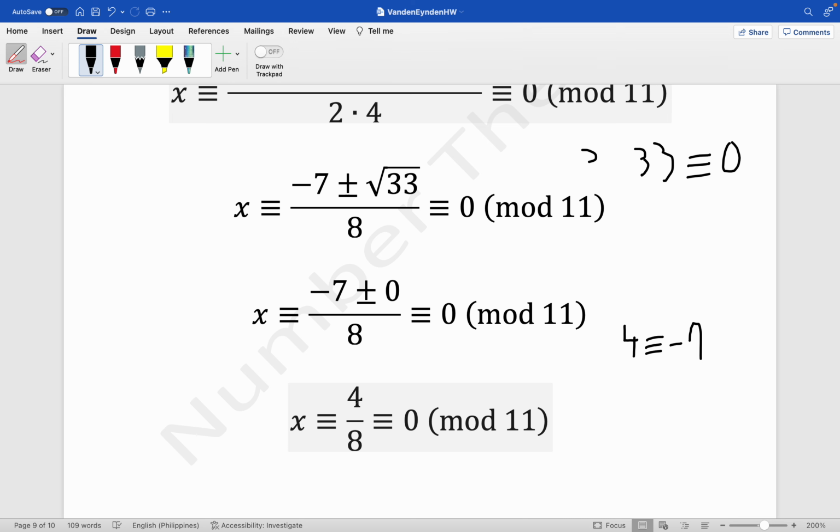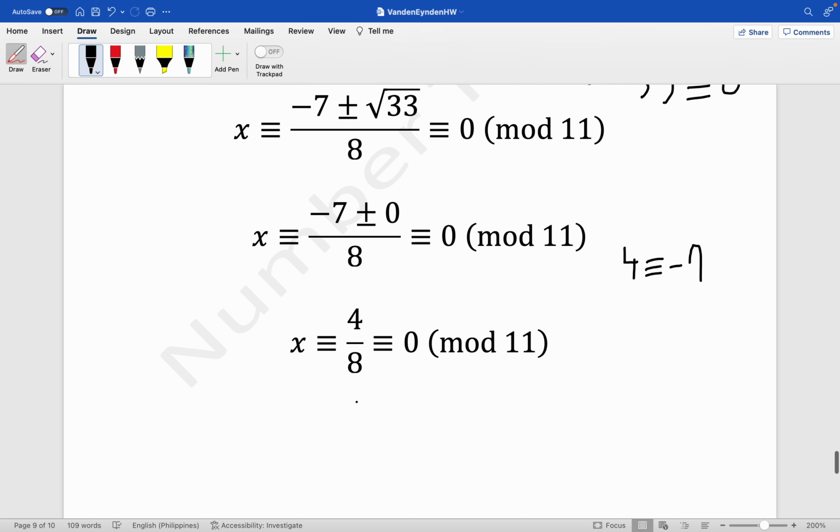Now, it looks like we're at a roadblock right here because we're dealing with integers, and we have 4 over 8, and you say, well, isn't that 1/2? Well, yeah, it is when we're doing real arithmetic, but remember, we're doing modular arithmetic, and so a useful convention right here is to actually talk about what this might mean.